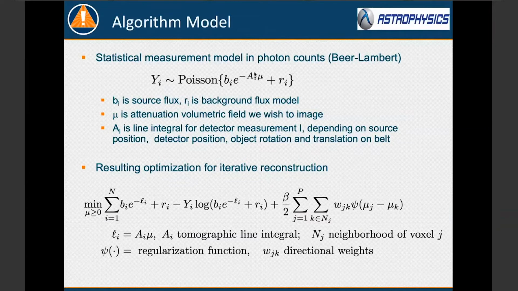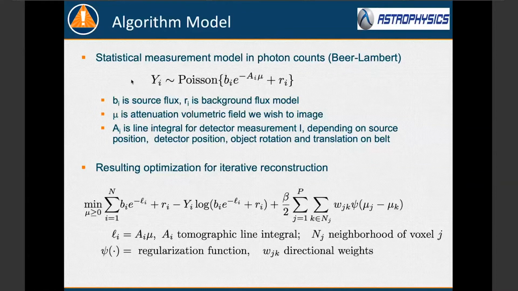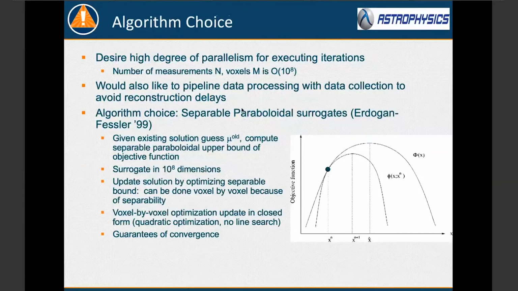And this particular i is indexed by detector, and it depends a lot on the position of the specific measurement: where on the belt it was taken, the timing of the belt, and the particular detector on whichever blade we were reading it from.